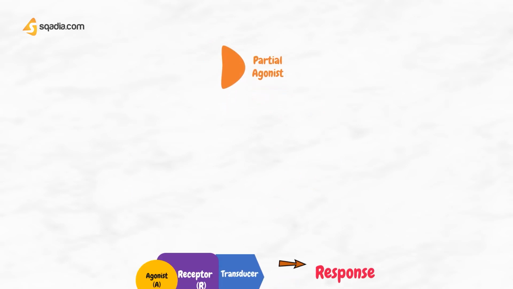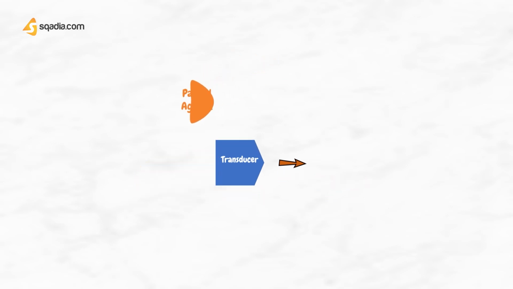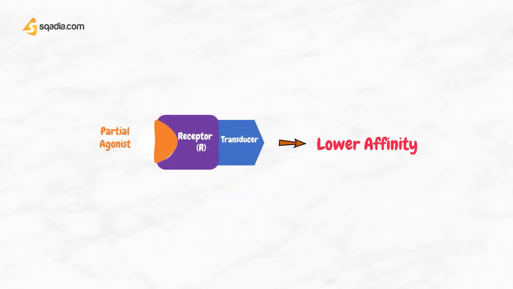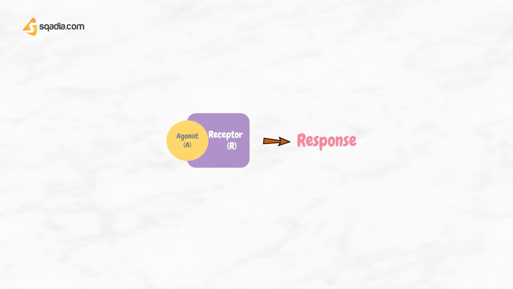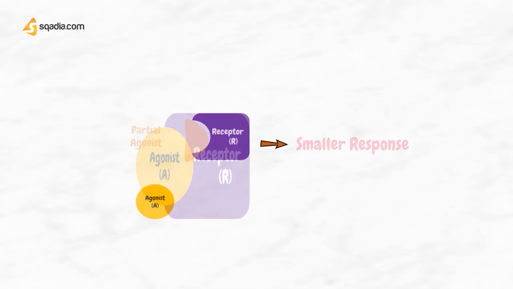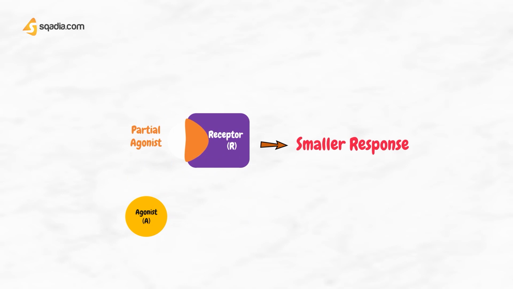Now we come to partial agonists. These are agonists that cannot elicit the same maximum response as a full agonist. The reasons for this are unknown. One suggestion is that agonism depends on the affinity of the drug receptor complex for a transducer molecule. Thus, a full agonist produces a complex with high affinity for the transducer, like in the case of coupling G proteins, whereas a partial agonist receptor complex has a lower affinity for the transducer and so cannot elicit the full response.